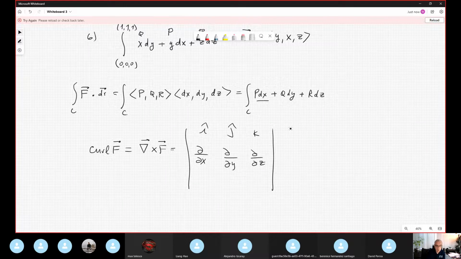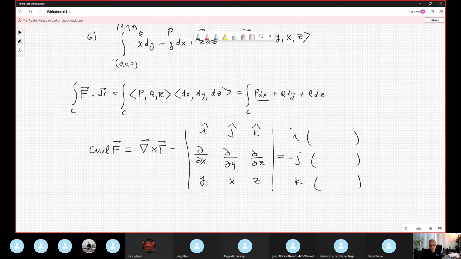And you copy here P, Q, R. But in our example, P is y, Q is x, and R is z. Okay, one more time. You separate this i with parentheses, minus j with parentheses, and k with parentheses.